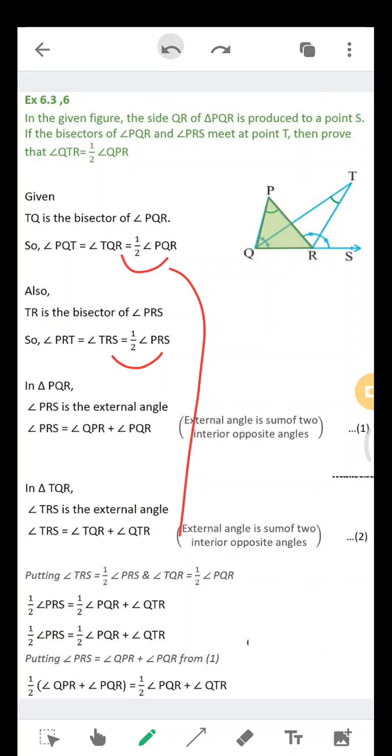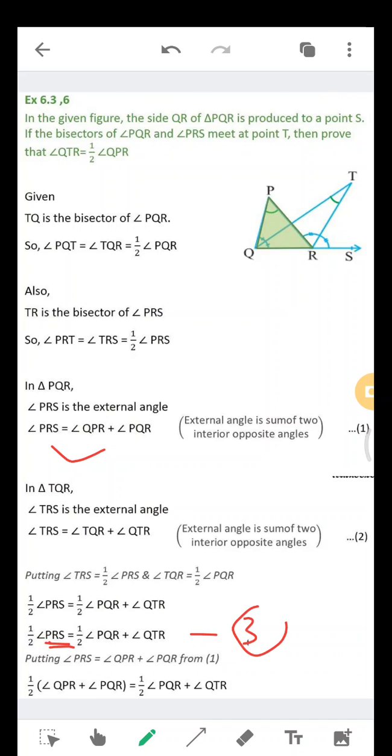Now we will substitute equation number 1 in equation number 3. PRS is equal to QPR plus PQR. In place of this PRS, you can name this as equation number 3. So substituting 1 in 3, in place of PRS, I can write QPR plus PQR.